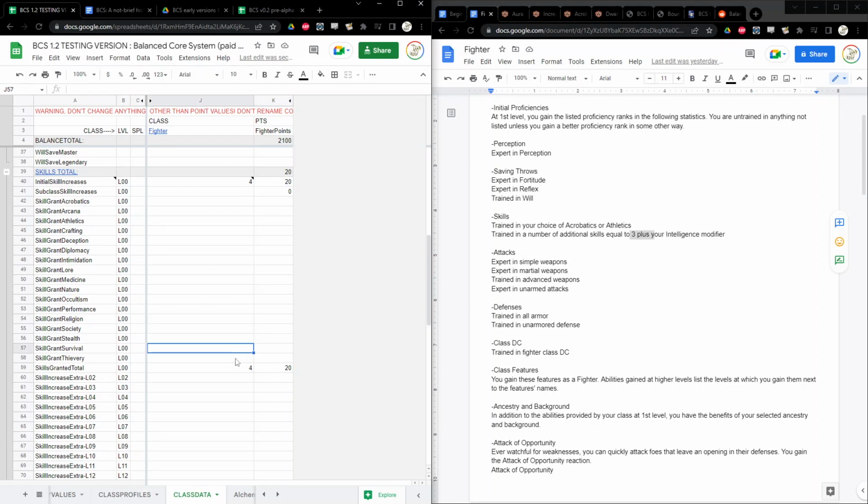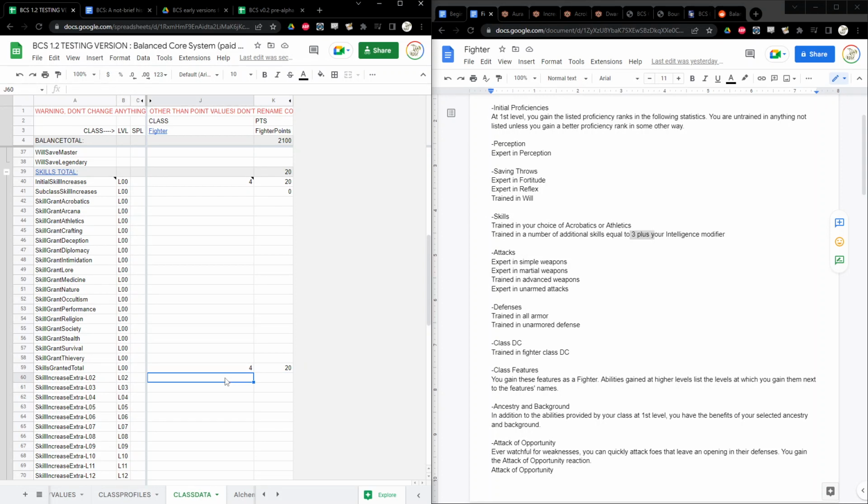A lot of people want to think, oh, but what if you get it at later levels, or if it requires expert or something like that, or you get a skill increase to legendary. Isn't that worth more? And it's like, well, no, there's 2 types of balancing. There's value numbers, but then there's also level locking.